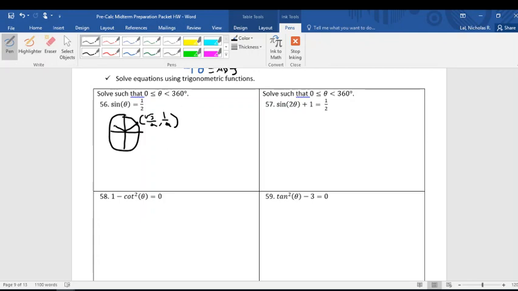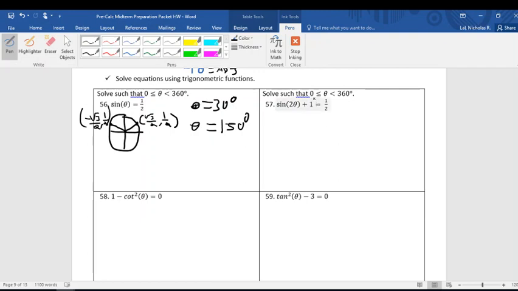And then here we have negative root 3 over 2, 1/2. These are two values on the unit circle, and those values are going to be when theta is equal to 30 degrees or when theta is equal to 150 degrees. Alright, so those are the two values on the unit circle.